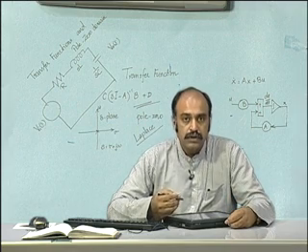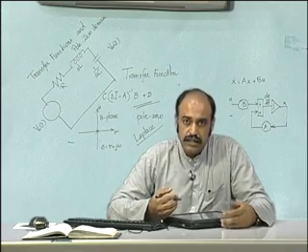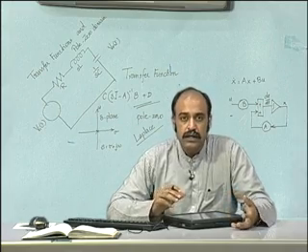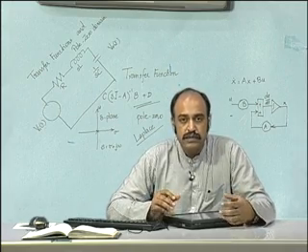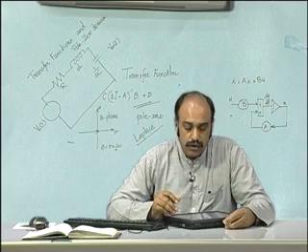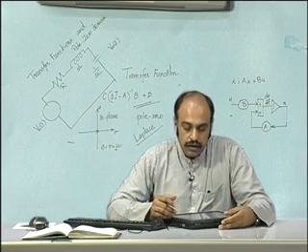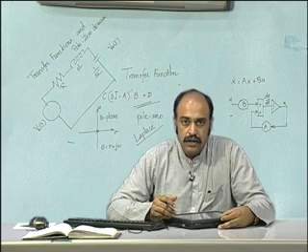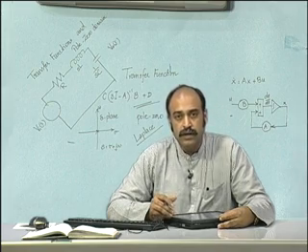We will of course be using the transfer function and the state equations both together interchangeably at various points of time in the discussion of the analysis of the circuits in future also. So, there will be a lot of usage of these transfer functions in the future discussions.